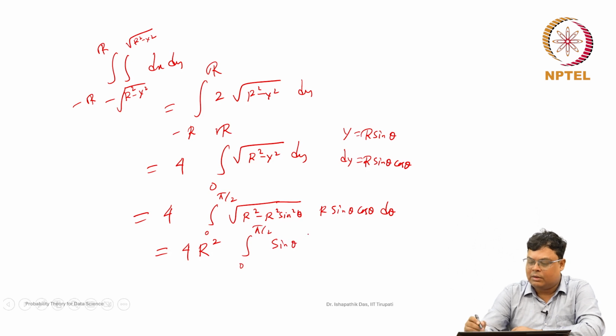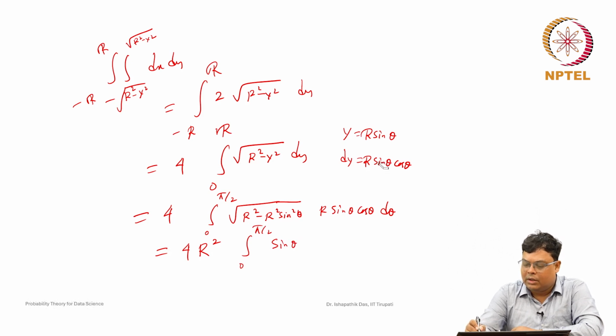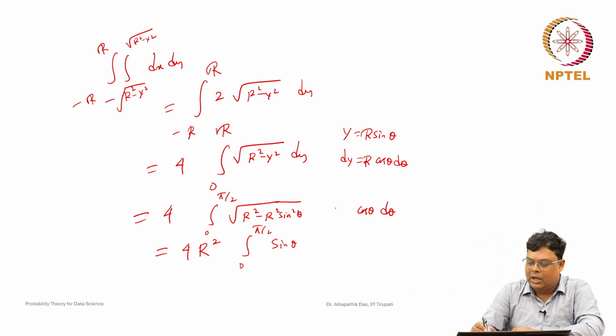Okay, I made some mistake. Here actually it will be r cos theta d theta. So then this is root over of 1 minus sin square theta, cos theta, again cos square theta. So this will be 4 r square cos square theta d theta.